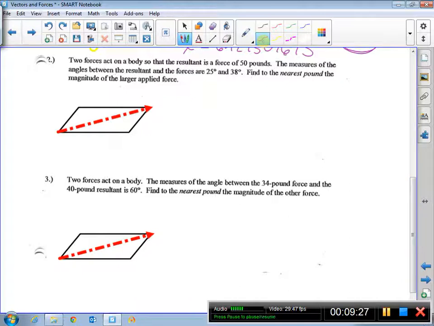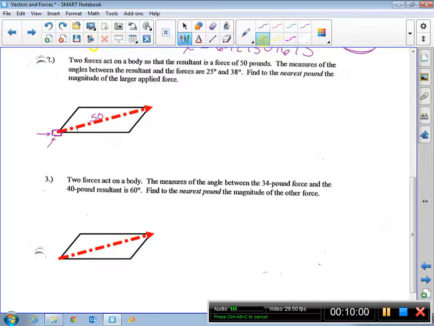Two forces act on a body, or act on an object. That's what's here. So one force is pushing it that way, one force is pushing it that way. Two forces act on a body so that the resultant is 50 pounds. This time we're given our diagonal. The measures of the angles between the resultant and the forces are 25 degrees and 38 degrees.